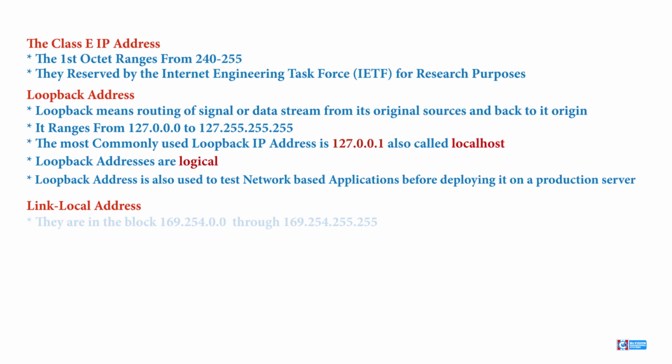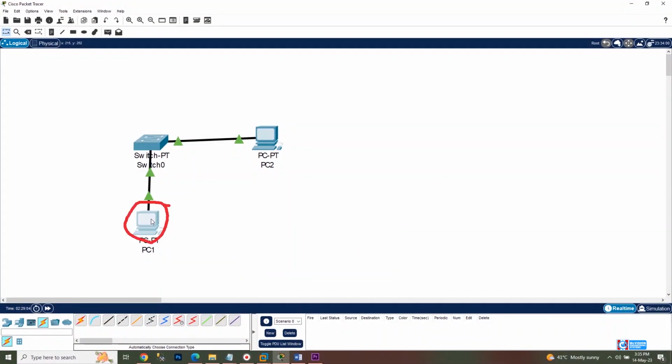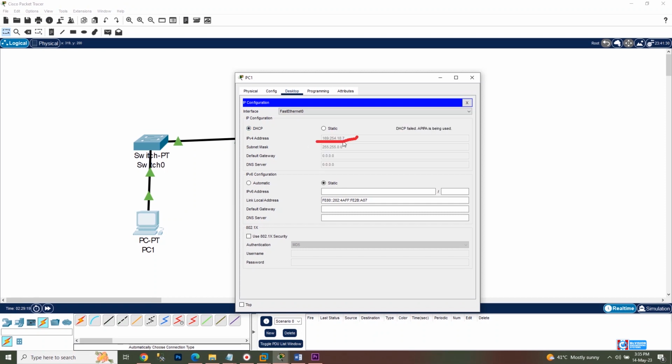In addition, we learnt about link local addresses. We saw that this address ranges from 169.254.0.0 through 169.254.255.255. This address allows you to have network connectivity when a DHCP address could not be properly obtained.